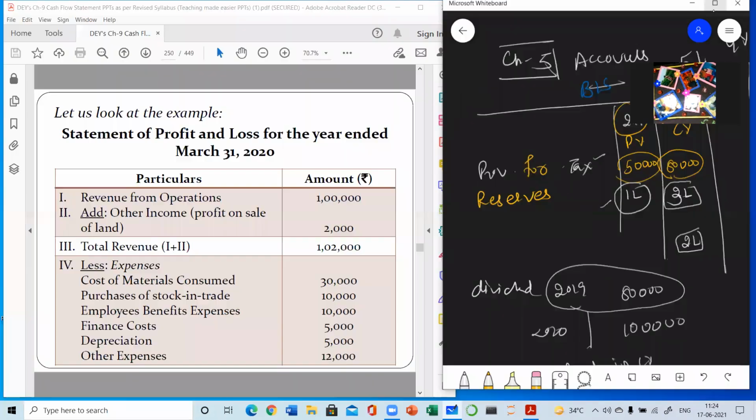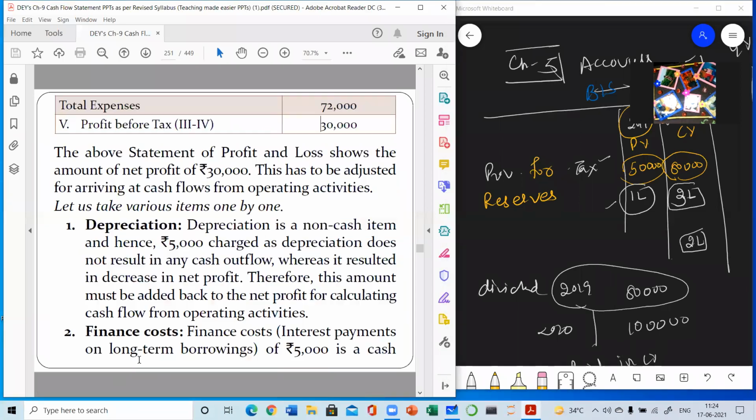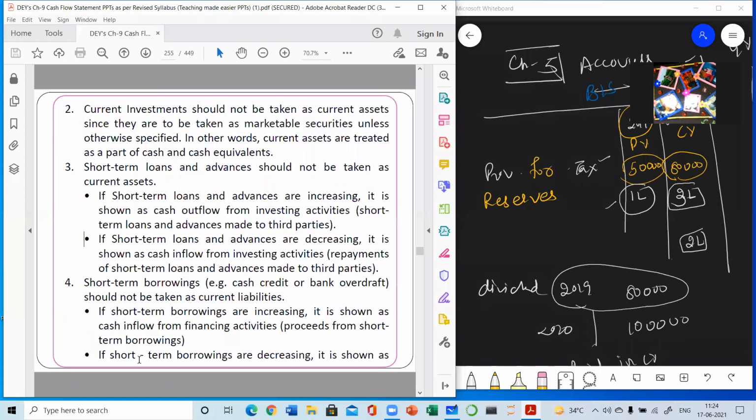Suppose this is the statement of profit and loss for the year ended, and the balance sheet must be given. Wait a minute. I'm just going to the question.